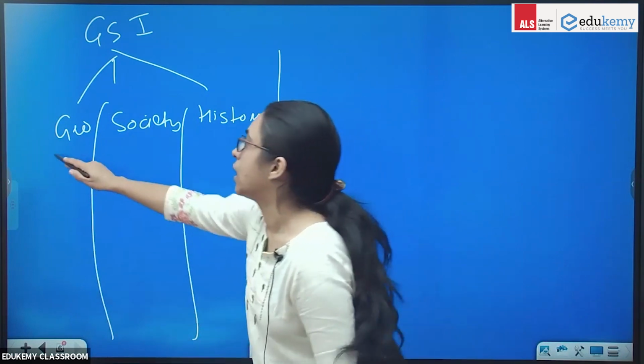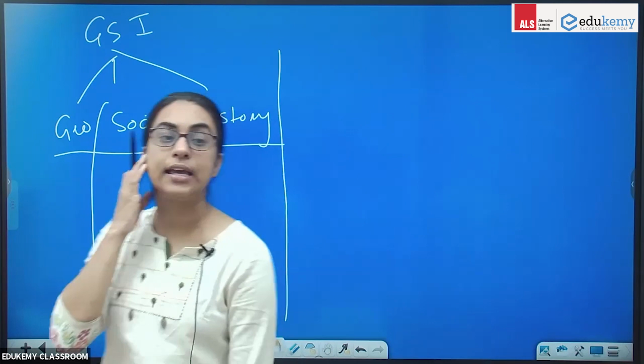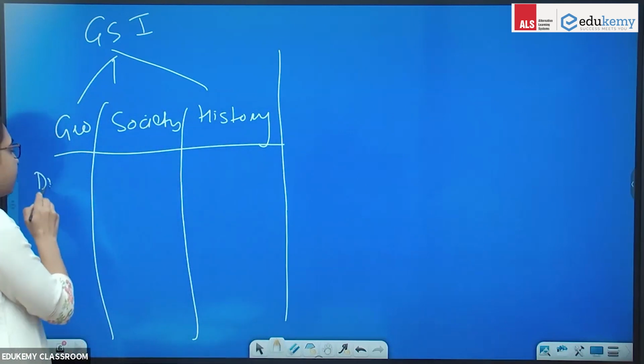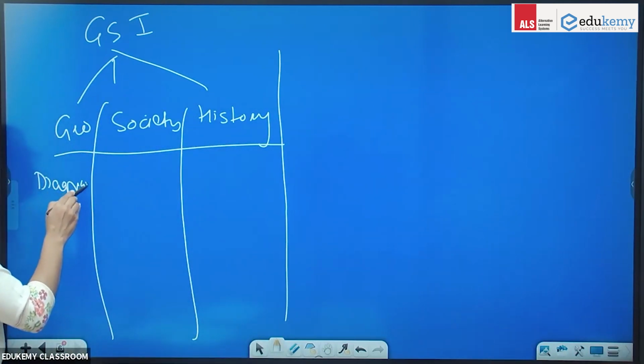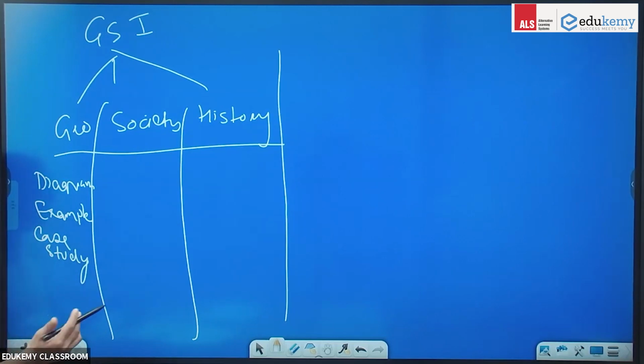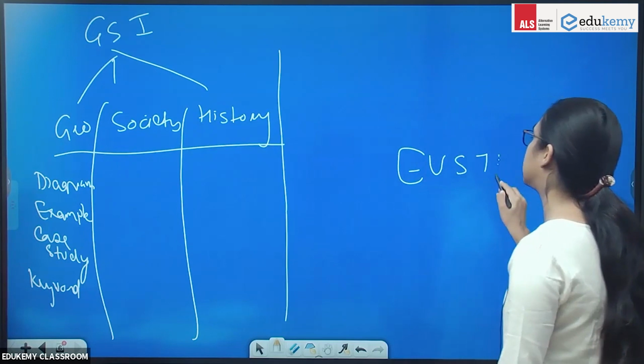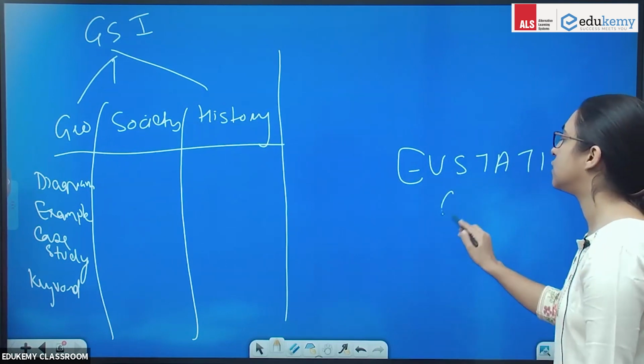For example, for geography the vocabulary is the diagram, example, case study, and there are keywords. When I say the word eustatic changes, how many of you understand this word?